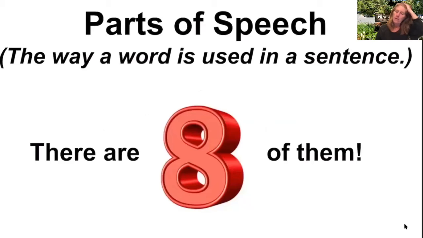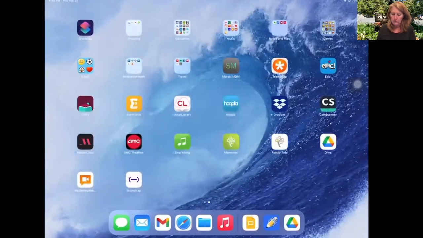And to help us remember what those 8 parts of speech are, I'd like you to take out your grammar notes and go to a blank page. And we're going to draw a picture together to help us remember what those 8 parts of speech are. And I'm going to go to Notability on mine. So if you need to pause and open up your notes, please do so.